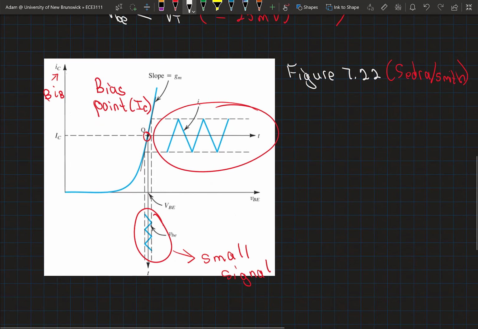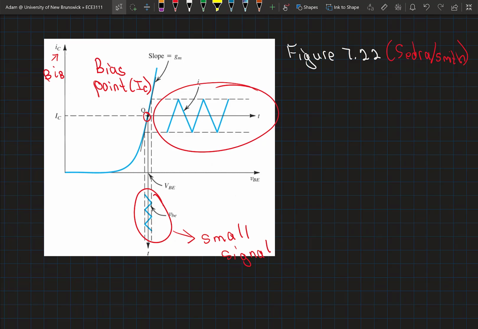Okay, the other thing you might note, just like in the case of our diodes, is that there is a slope or a transconductance that is associated with our operating point.